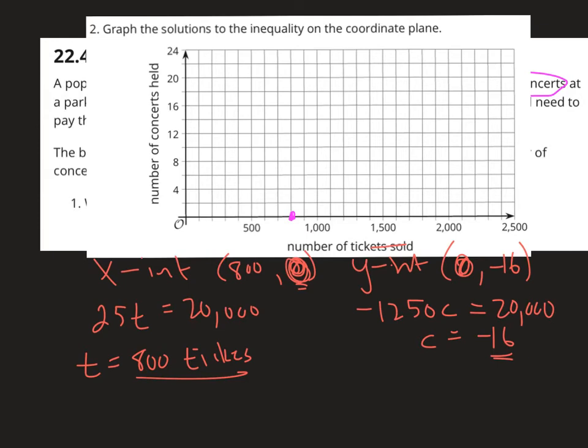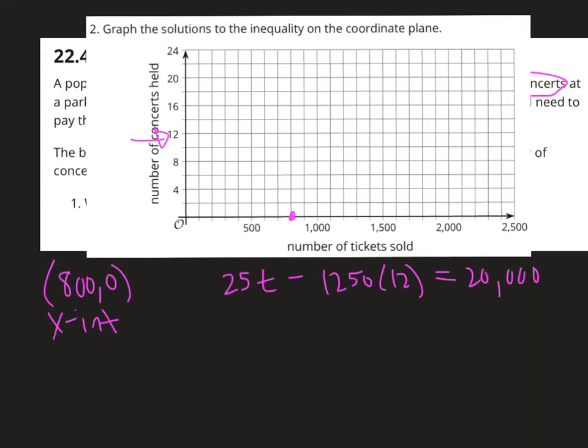So what we're going to do is we need to know some other points. So how about we just figure out how many tickets goes with 12 concerts? Put 12 in for C and let's figure out what happens. I'm trying to snap a line here, so I'm going to use the equation portion to figure out how many tickets goes with 12 concerts, right?